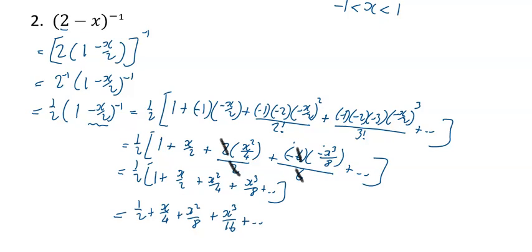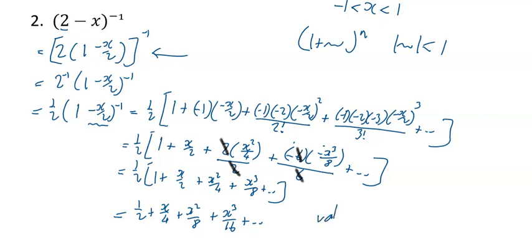Okay, now this one is valid. Go back to the expansion where you had it in 1 plus x form, or 1 plus whatever form I should say. I always talk about it as being 1 plus squiggle to the power of n is valid when modulus of squiggle is less than 1. Okay, so here the squiggle effectively is minus x over 2.